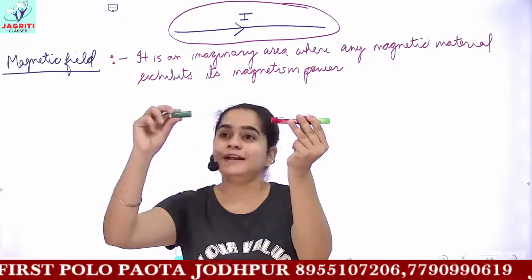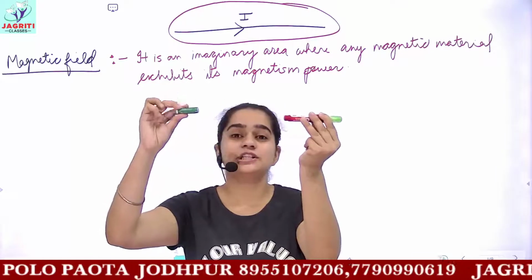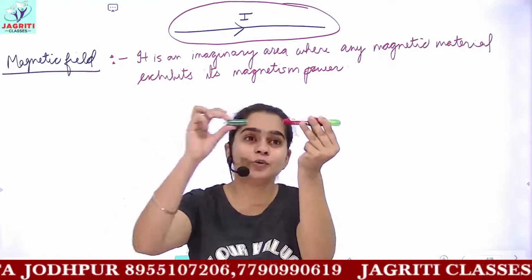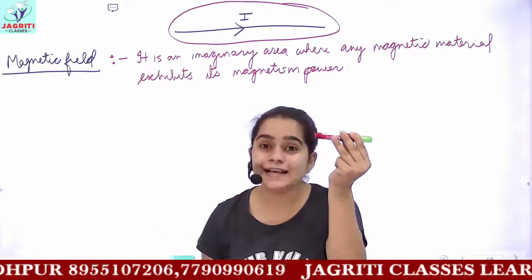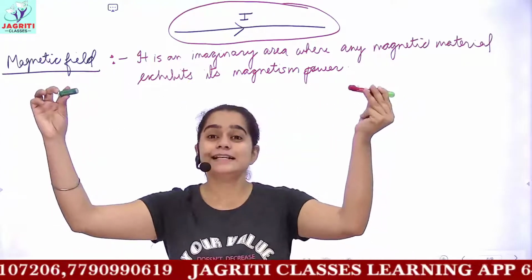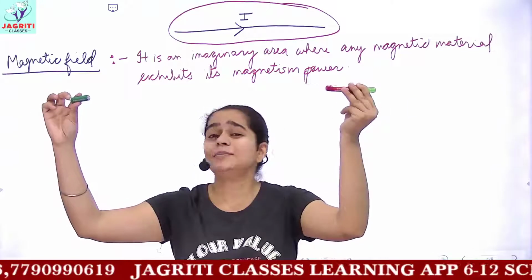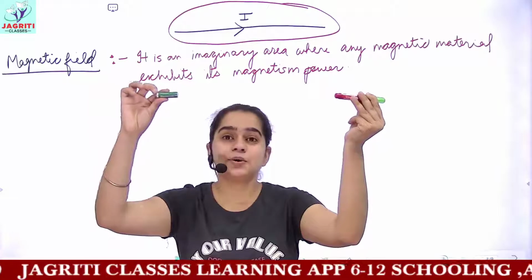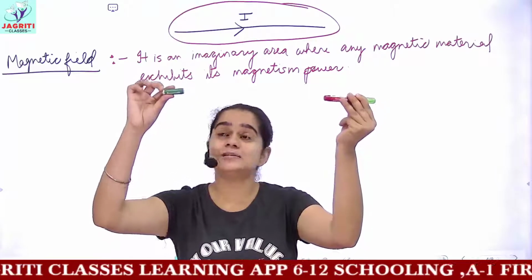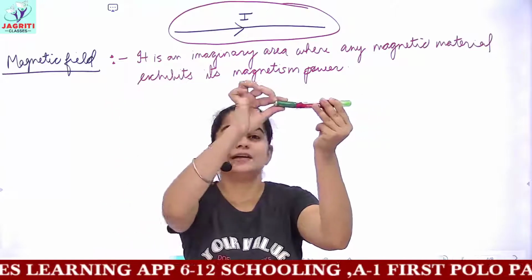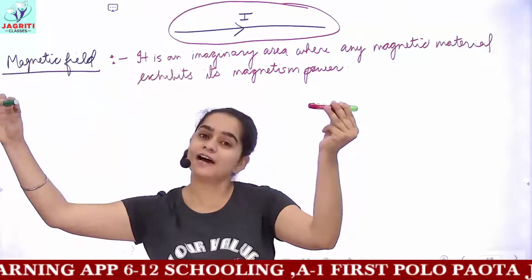When I bring an iron object which is somewhat far away, then also this magnet has the power to attract it. But when I keep my iron object very far away from the magnet, the magnet is not able to attract it. But when I bring it closer and the magnet reaches a particular distance, from that point it is getting attracted, but from a far distance it is not.